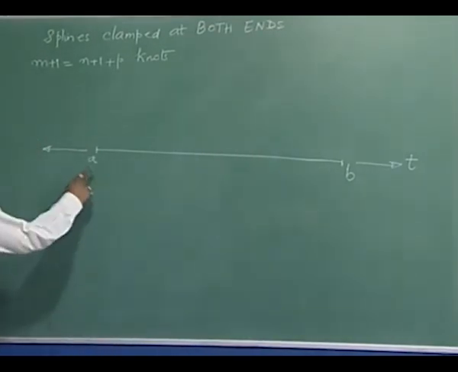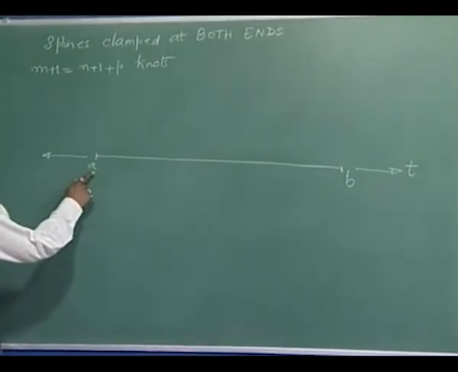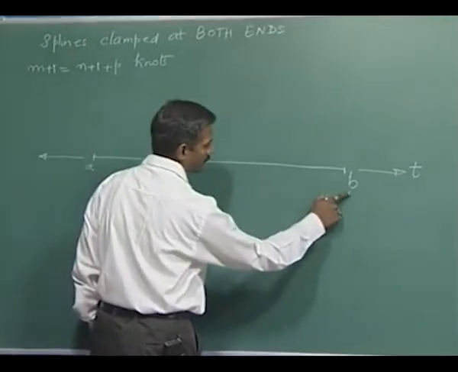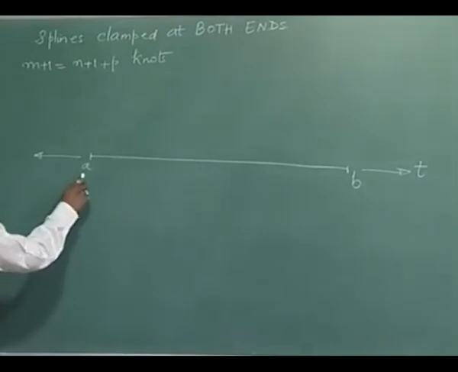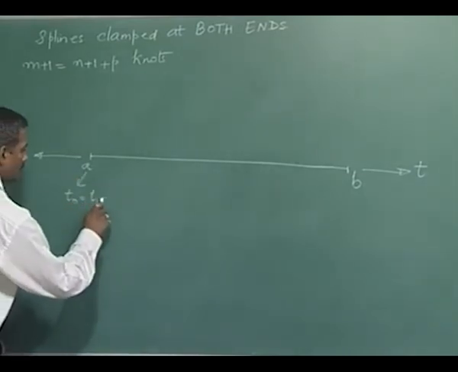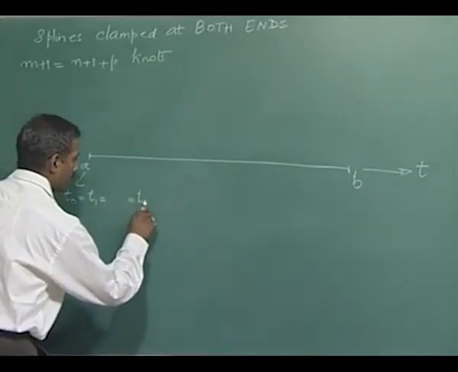Now, what we have done is we have repeated the knot here p times, and we have repeated the knot here p times as well. So we have said that T0 equals T1 equals up till Tp minus 1.